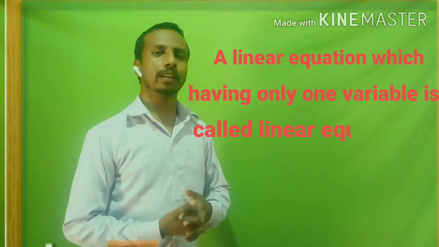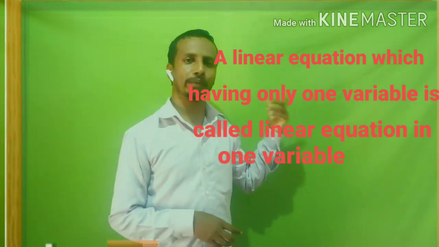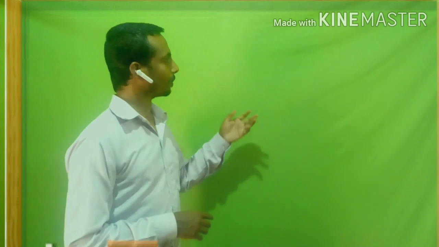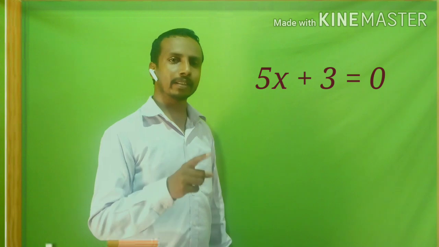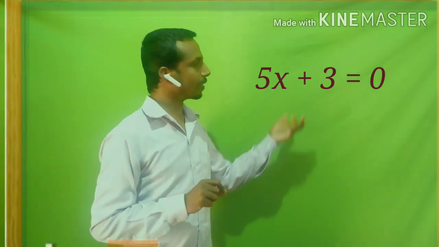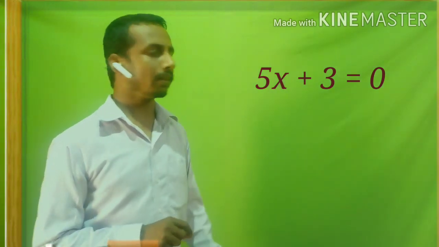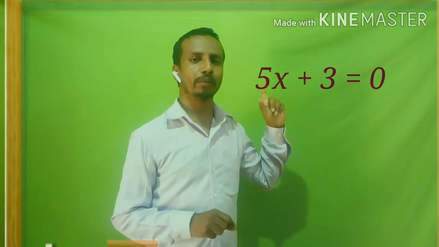For example, 5x plus 3 is equal to 0. In this linear equation, there is only one variable. Therefore, it is an example of a linear equation in one variable.